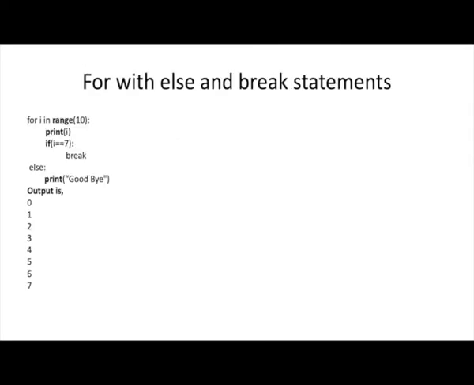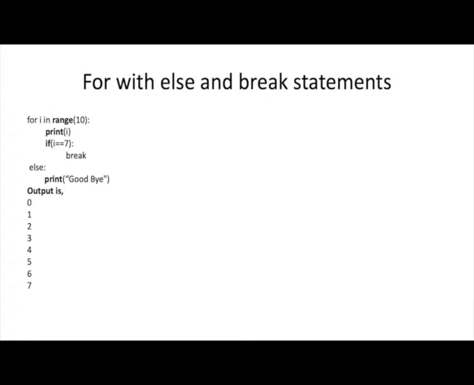Like in the while loop, else does not execute if you break out of the loop or if an exception is raised. See an example for such a case. We have the same example, for i in range 10, that means 0 to 9, print the value of i.